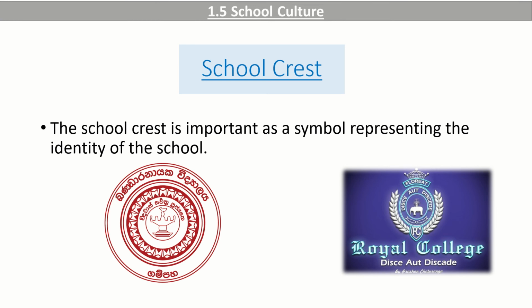The school crest is important as a symbol representing the identity of the school. Symbols and colors are used for the school crest or logo. Normally, symbols like the oil lamp and the sun are included in most school crests.